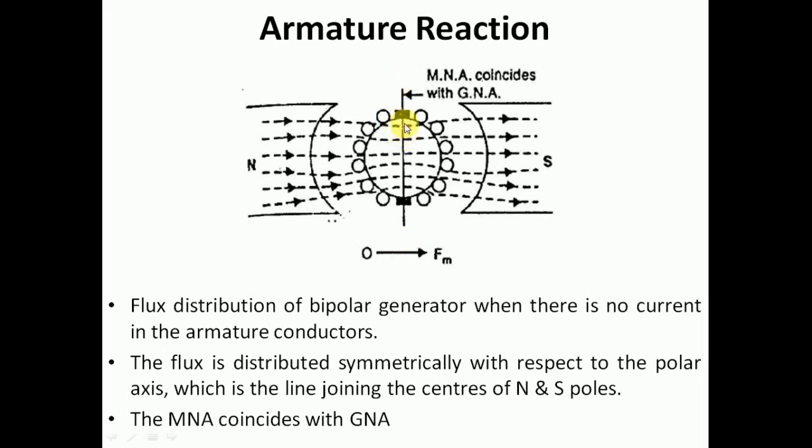Brushes are always placed along the magnetic neutral axis. In the case of a no-load DC generator, the magnetic neutral axis and geometrical neutral axis overlap each other, or the magnetic neutral axis coincides with the geometrical neutral axis.